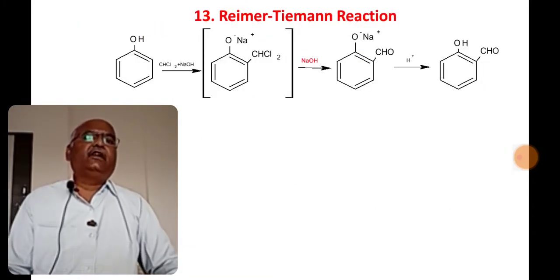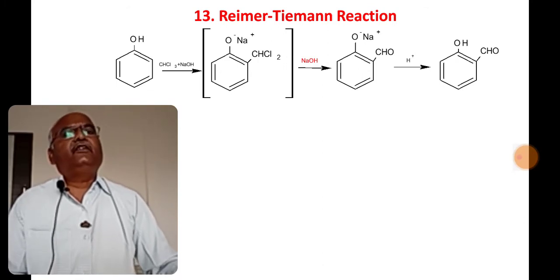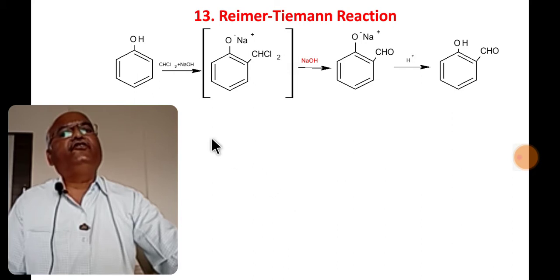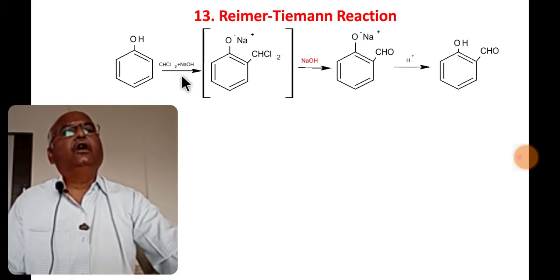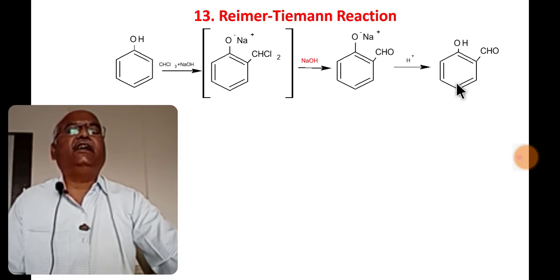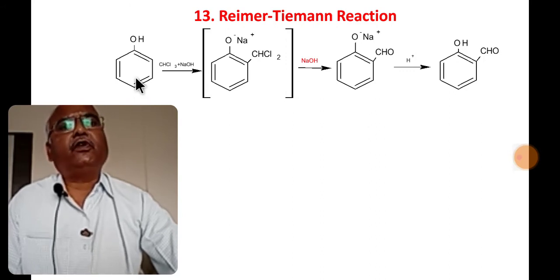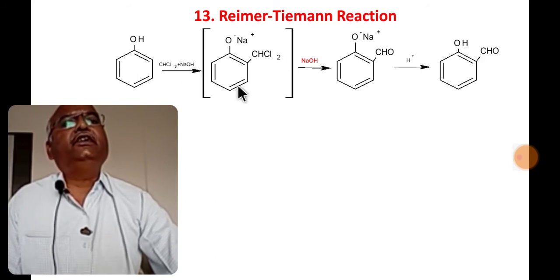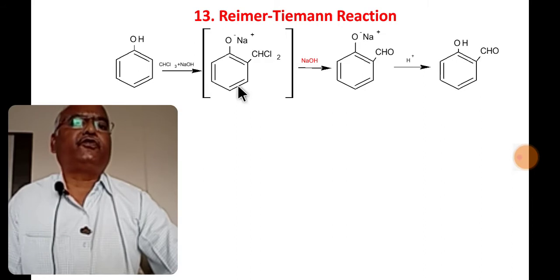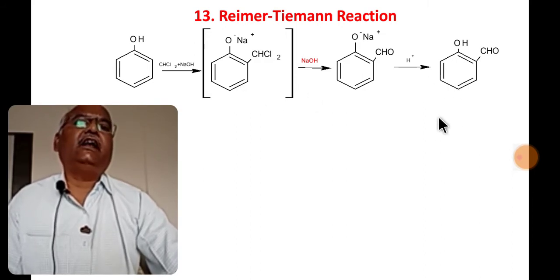Next reaction, number 13, Reimer-Tiemann reaction. This Reimer-Tiemann reaction is used to convert phenol into salicylaldehyde. Phenol, when treated with chloroform and NaOH, gives an intermediate product, which on acidification gives salicylaldehyde.